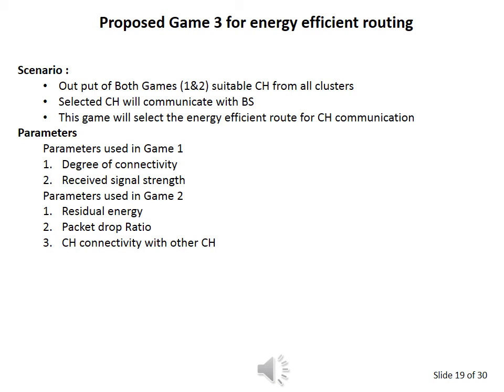So there is no need to worry about why I am using only these 3 parameters here and only 2 parameters there. You can find other parameters to make our method more intelligent. Okay.